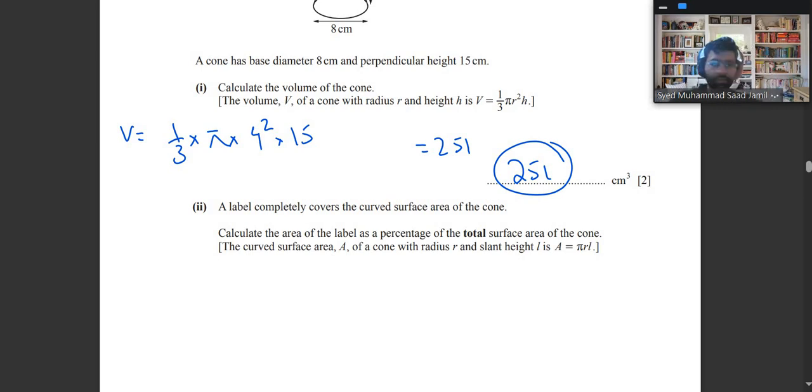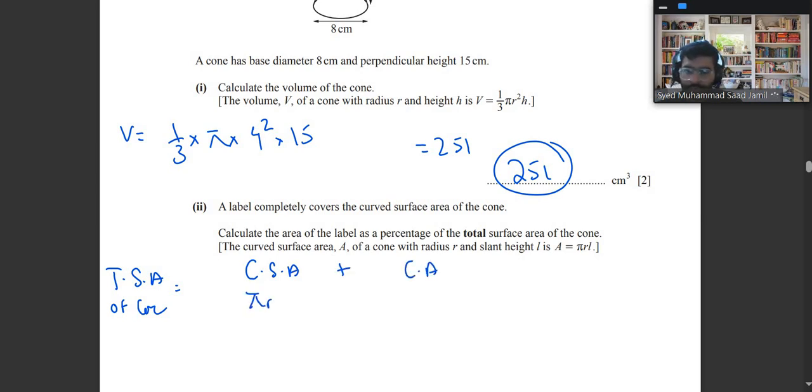So that wrap is basically pi r L. And the whole Cornetto's total surface area is curved surface area plus circular area. So it's basically pi r L plus pi r squared.